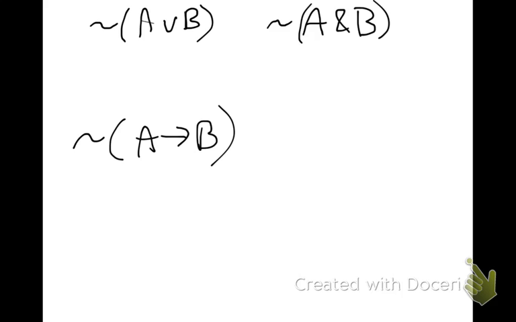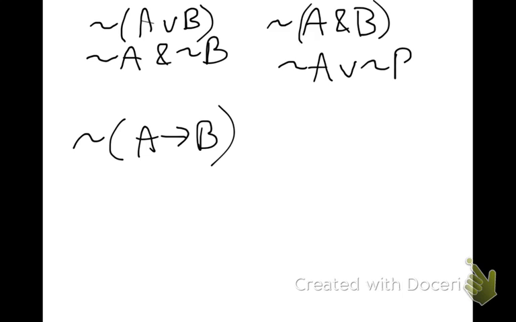But if I use De Morgan's on it's false that A wedge B, well then I get not A and not B, which is all kinds of useful, because now I have a conjunction that I can just take apart. If I use De Morgan's on it's false that A and B, I get not A or not B. That may or may not be easier to deal with, but it probably is.